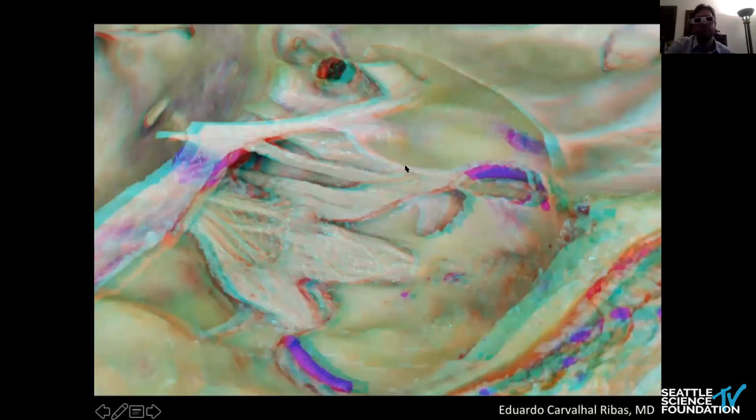Let's see these main branches. To see the ophthalmic artery, it will originate, more than 90% of the time, from the supraclinoidal ICA. It will be inferior to the second nerve, and will go through the optic foramen into the orbit.